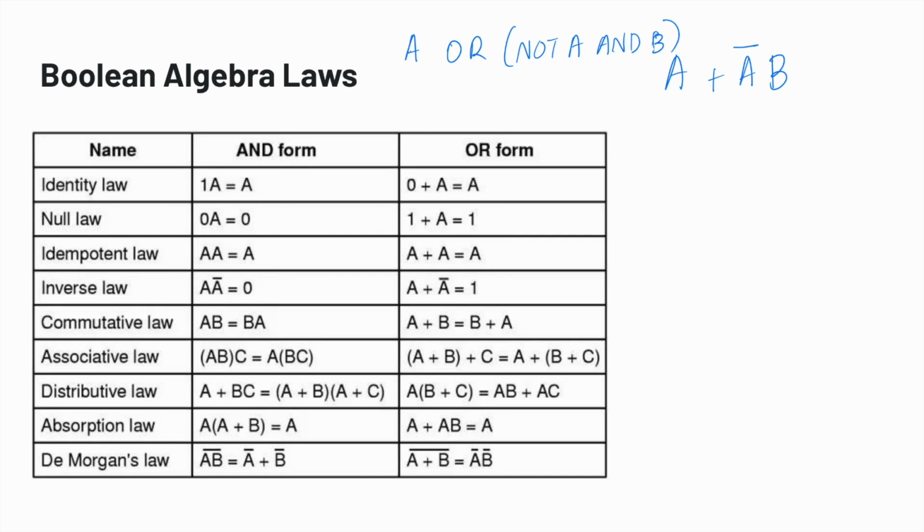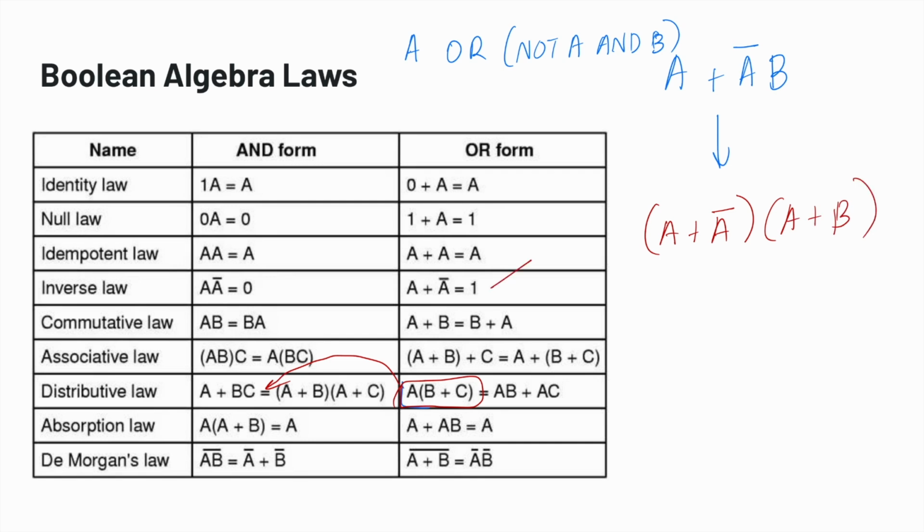Okay. So the first thing we can do is apply the distributive law. This expression right here represents our situation. So this is going to turn into (A plus not A) and (A plus B). Now we just need to simplify this down.